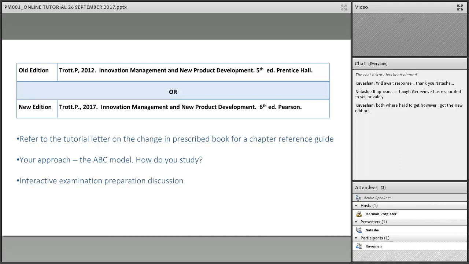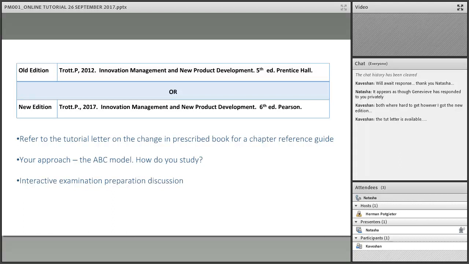Okay, cool. All right, Kavishan, I see that you have the new edition. You will see that I make reference to the old edition, but regardless, in the tutorial letter there's a chapter reference guide, which clearly indicates the sections and the chapters which you need to focus on. The only exception to that is the packaging that is available on eLearn.